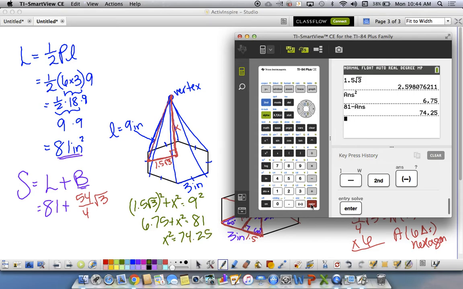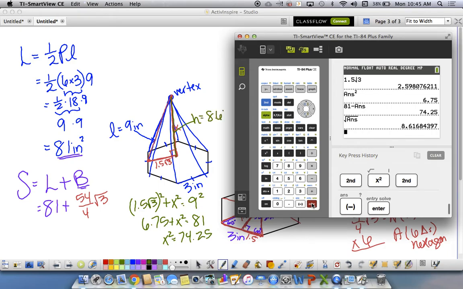Okay. Now I need to find the square root of that to give me the height. Square root second answer. There we go. So my height here, the h, 8.6168, etc., etc., etc. 8.62 is my height.